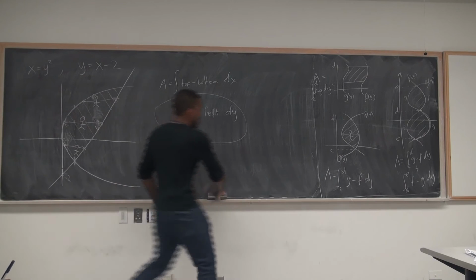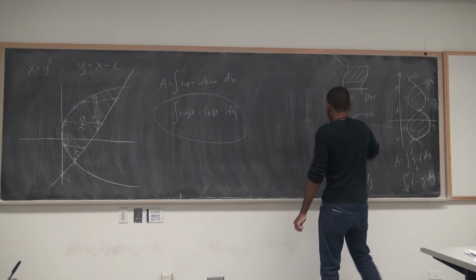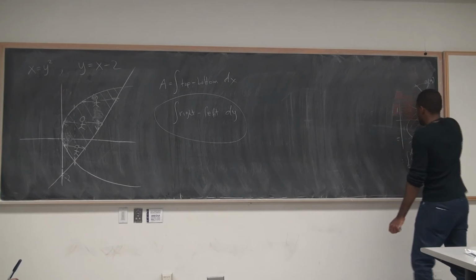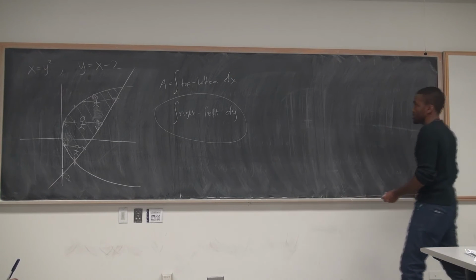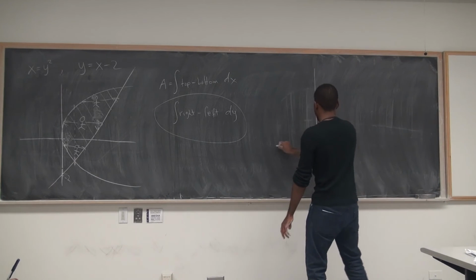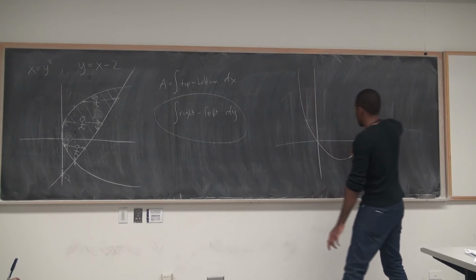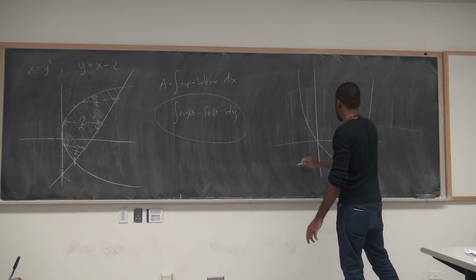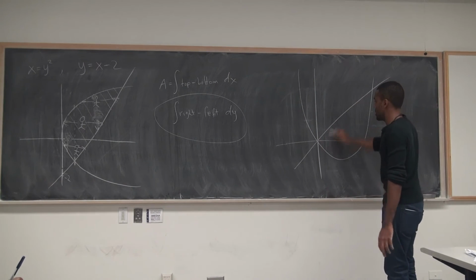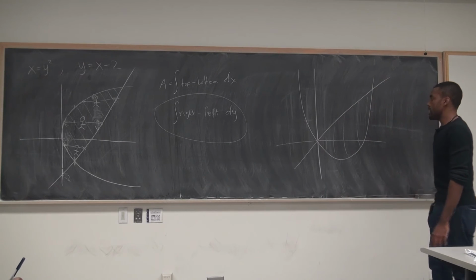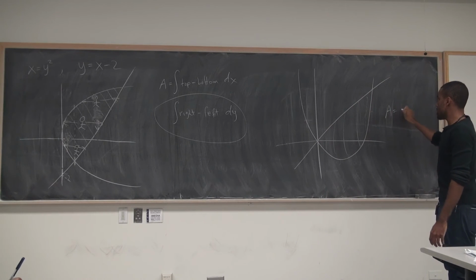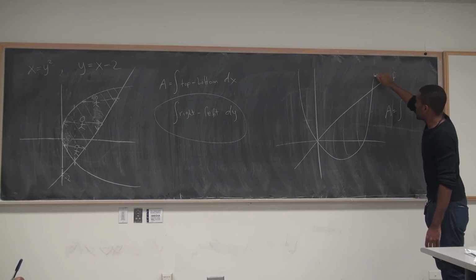So I could have something that looks like this, like the parabola is this way, and then this goes that way, right? So in this case, I would definitely think of this as a dx integral. Let's say this is f and that's g.